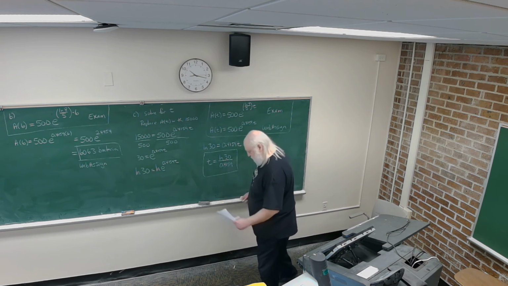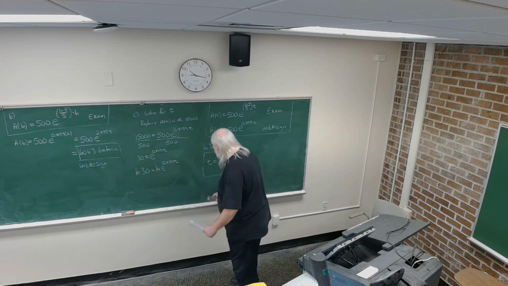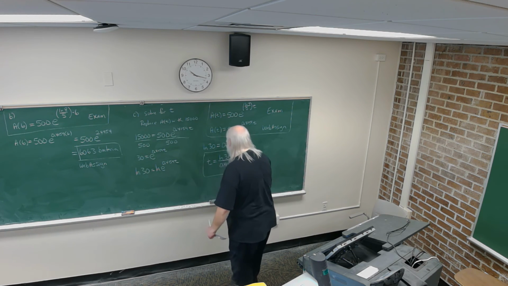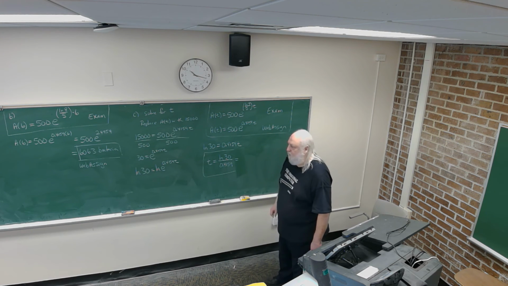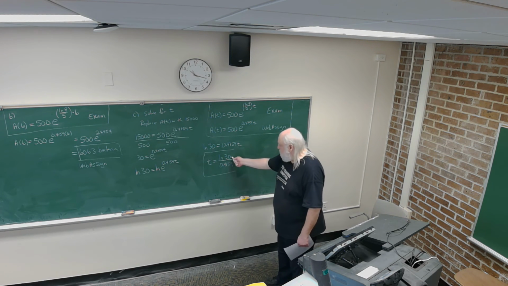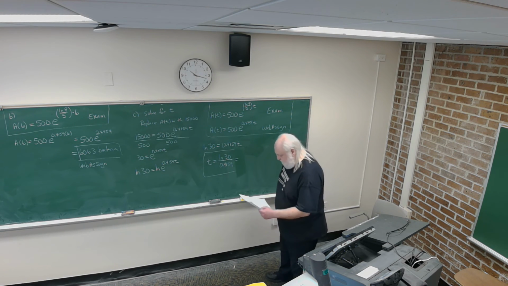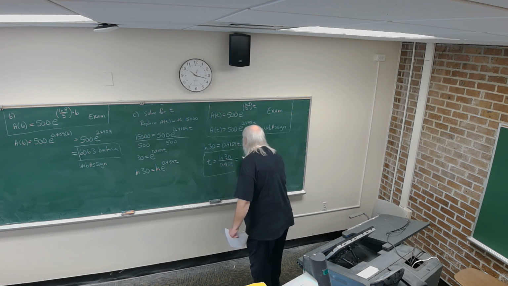Not done. Right, this has to go in WebAssign, right? WebAssign wants a number. So use your calculator, right? Punch in natural log of 30, divide by 0.4159, and for one decimal place, you get 8.2 hours.